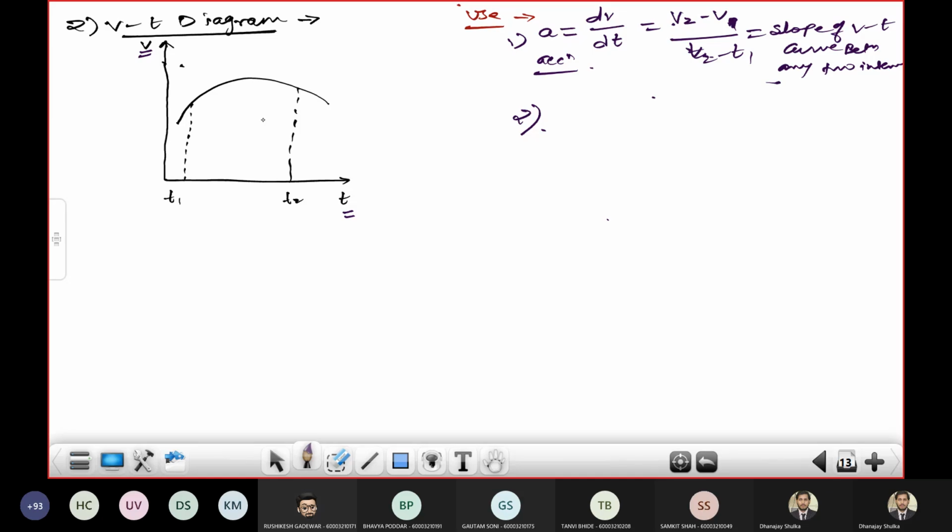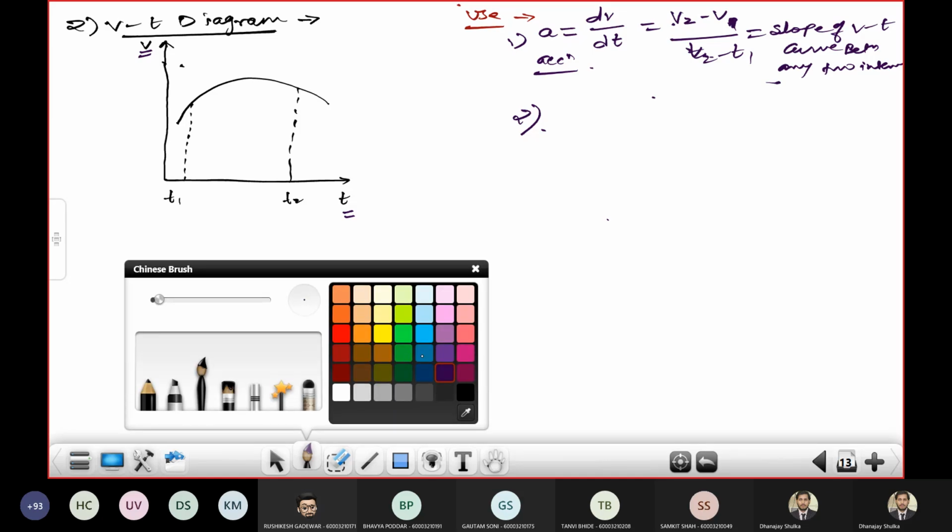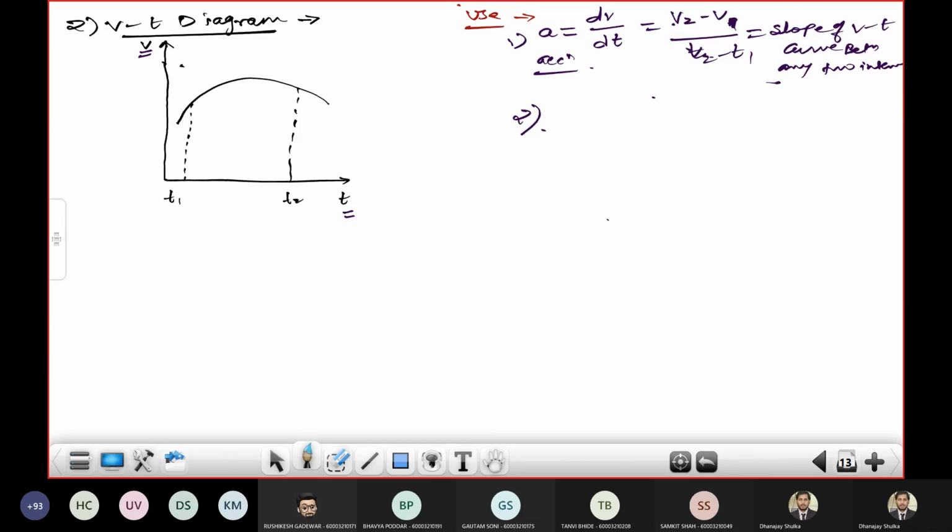If I do the same analysis here, and want to know where the acceleration will be positive and where negative, I can again draw a tangent here. I will find that a, which is dv by dt, will always be greater than 0 at this point, because the slope is increasing.